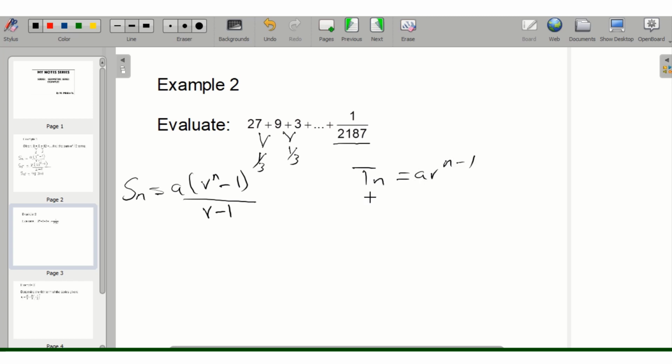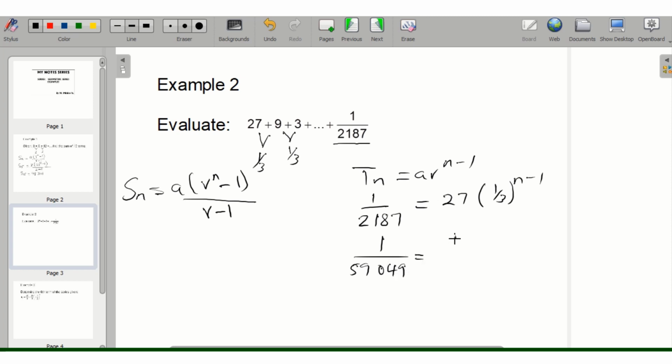So here we have 1 over 2,187 equals 27 times 1 over 3 to the power n minus 1. You divide by 27 on both sides, you will have 1 over 59,049.